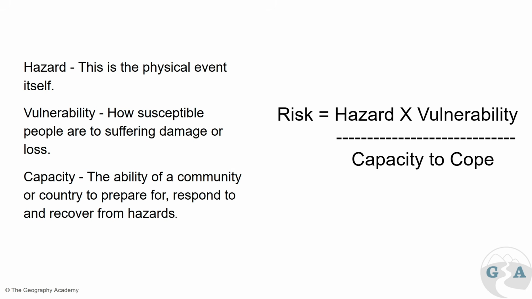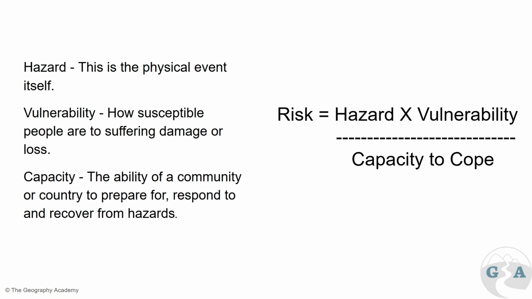The vulnerability is how susceptible people are to suffering, damage, and loss. So we put these two together, the actual hazard and the vulnerability, and this is going to be how large scale the impacts are going to be. And then this can be made worse by a low capacity to cope, the ability of a community or country to prepare for, respond to, and recover from hazards. That capacity to cope in some countries can be very high.